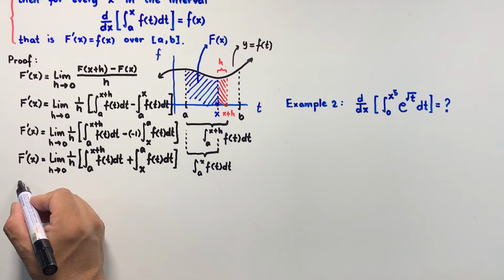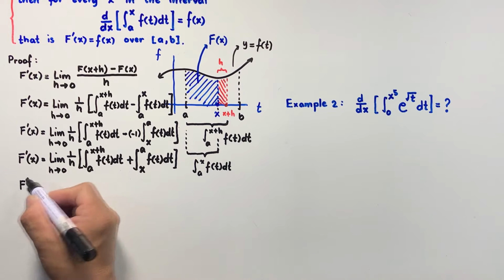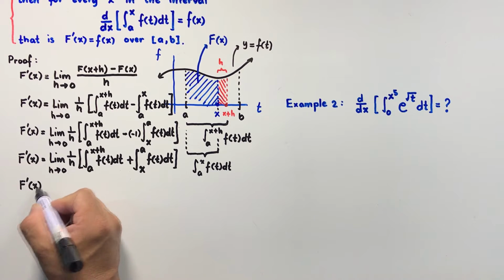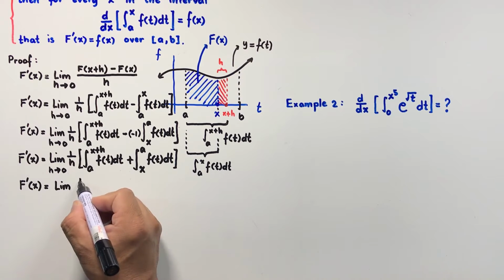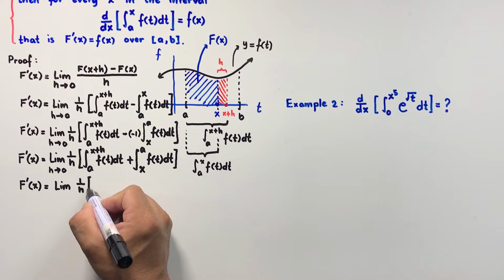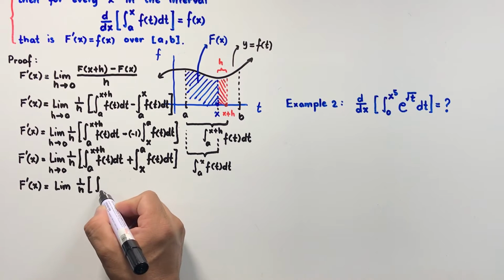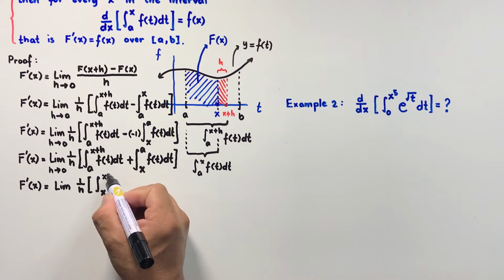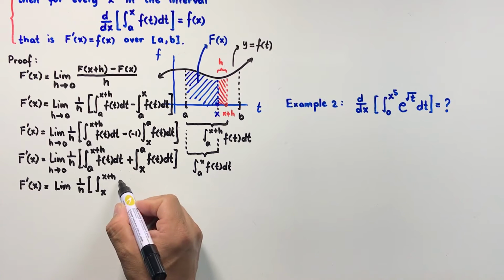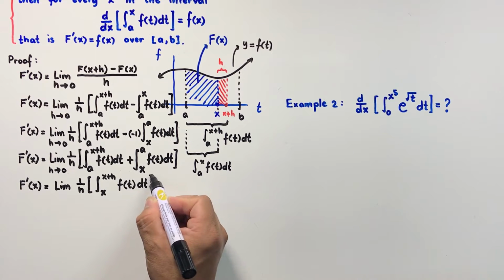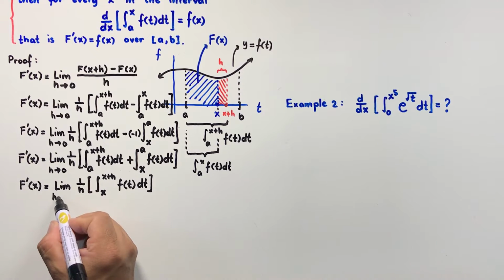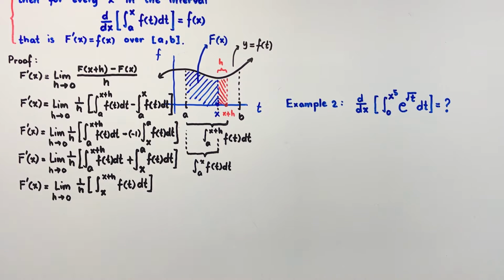So we write here that the derivative of our big F of x is equal to the limit of 1 over h times the integral from x to x plus h of our function small f of t dt as h approaches 0.